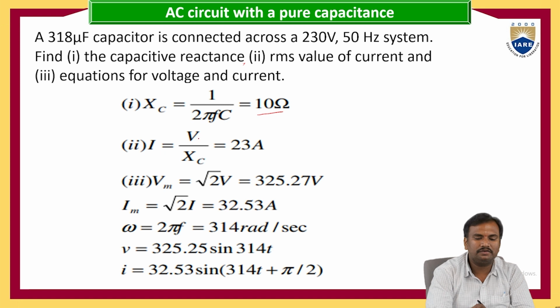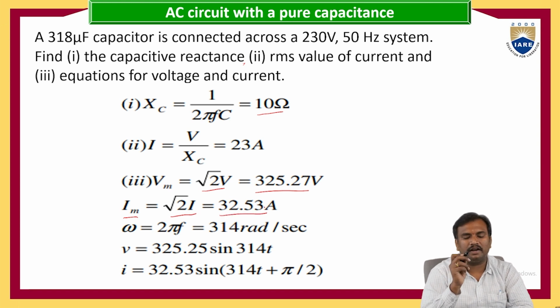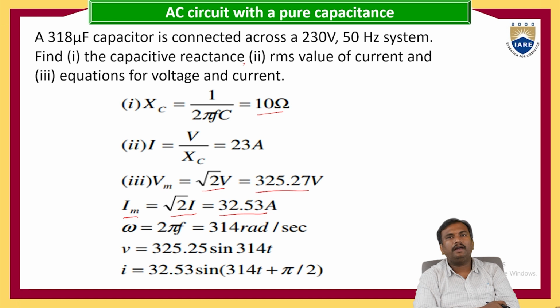And I is equal to V by Xc. Here the V value is 230 volts by 10, that is equal to 23 amperes. Vm is root 2 into V, that is 325.27, and Im is root 2 into I, that is 32.53 amperes. Omega is 2 pi f, that is 314 radians per second.